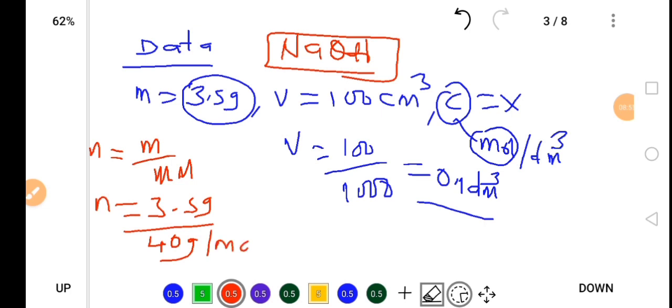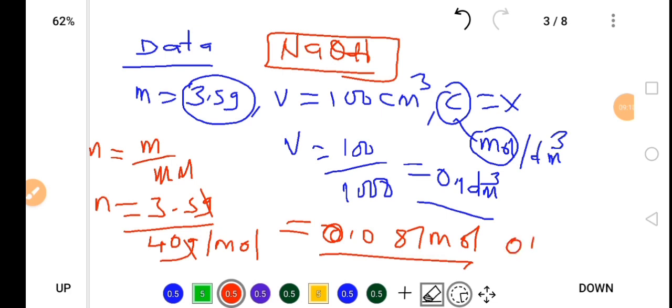If you have forgotten how to calculate the molar mass, you can go and watch the video so that you can be reminded on how we are doing it. And the final answer for the number of moles of sodium hydroxide will be 0.087 moles. Very important, of sodium hydroxide.